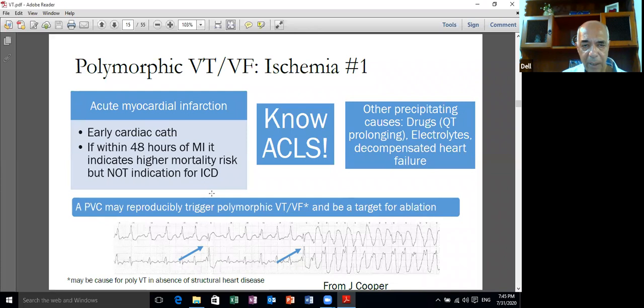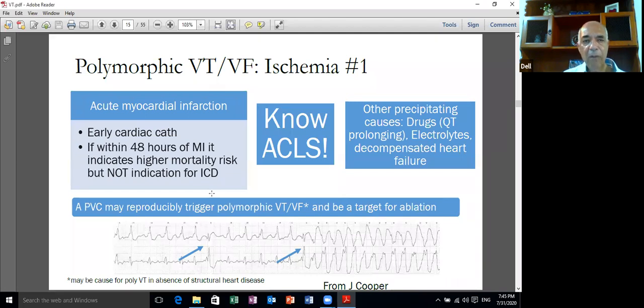So it's not an indication for ICD. You treat polymorphic ventricular tachycardia the way you follow your ACLS algorithm: shockable rhythm, choice of the drug, and cardioversion if needed.